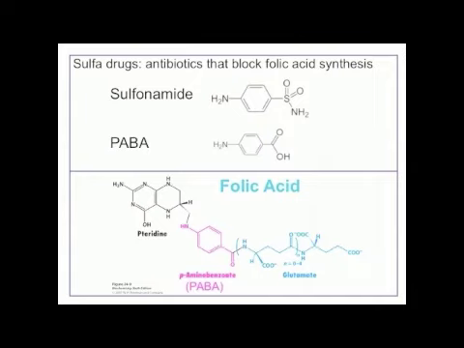These are antibiotics that look a lot like PABA. Sulfonamide is shown, and you can see the similarity in structure. Sulfonamide can act as a competitive inhibitor of the enzyme that makes folic acid. So by blocking folic acid production, we can block thymidylate production and thereby block replication in bacteria.